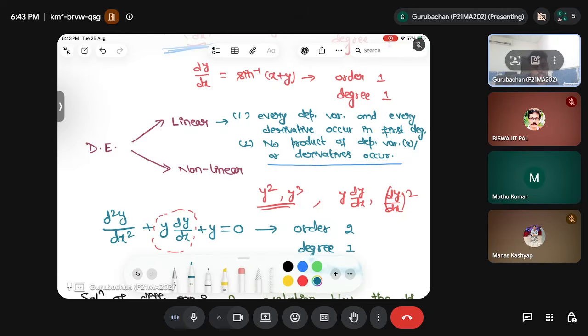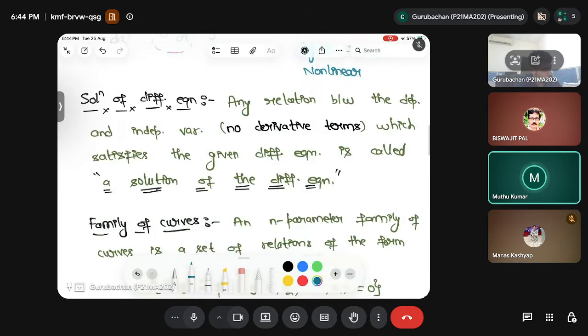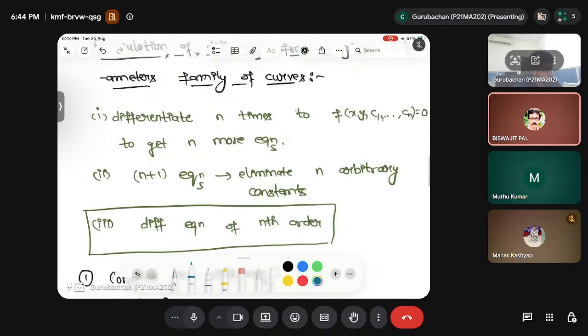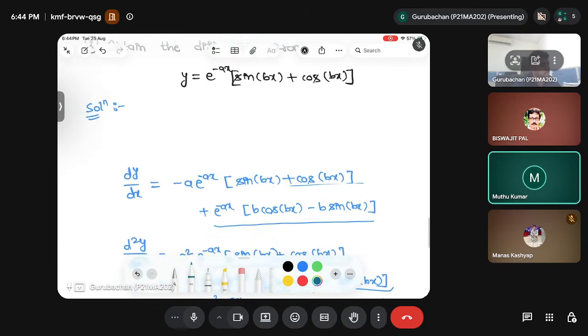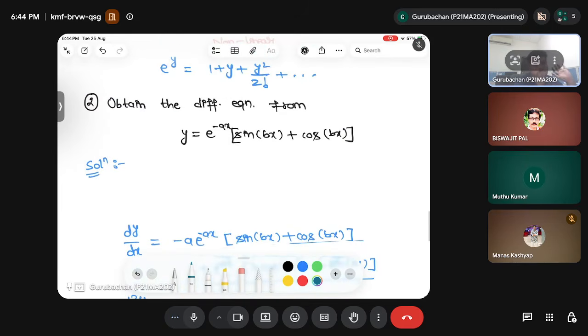Shall we move to the next one, or do you have some more query? In the next problem, we have not eliminated both a and b. See, this is the MCQ question, so it was given four options to obtain the differential equation.